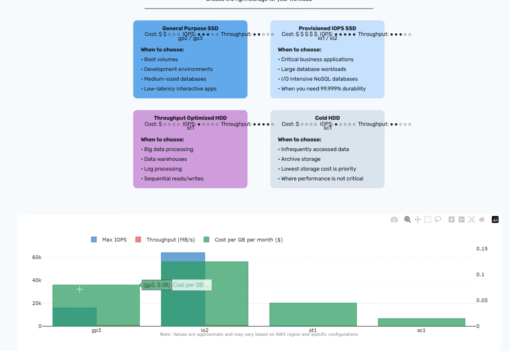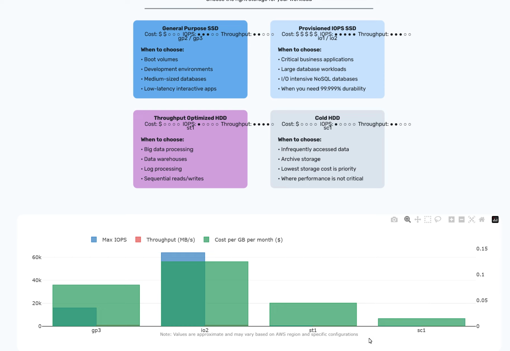See here, 16K and up to nearly 36 or something. So here you can go up to 64K, right? The throughput and the cost. The lowest cost is here, but IOPS and throughput are less in these two storage classes, SD1 and SC1.